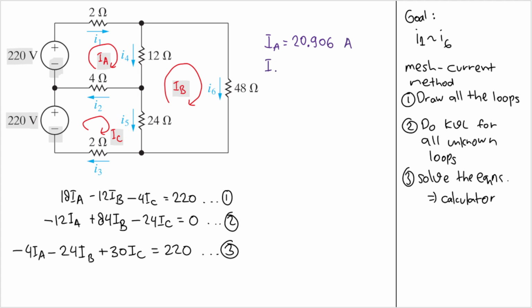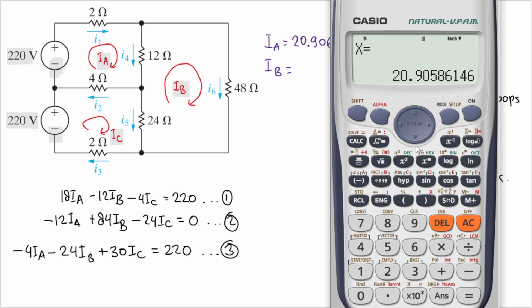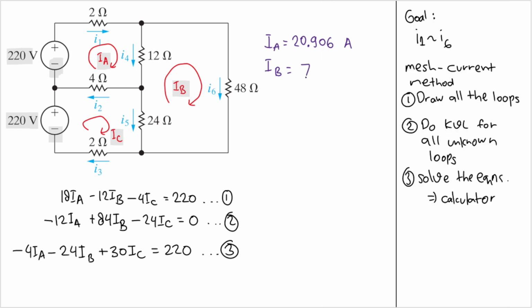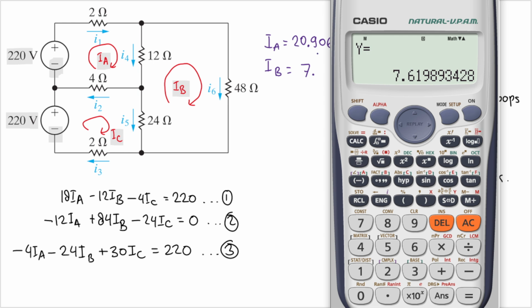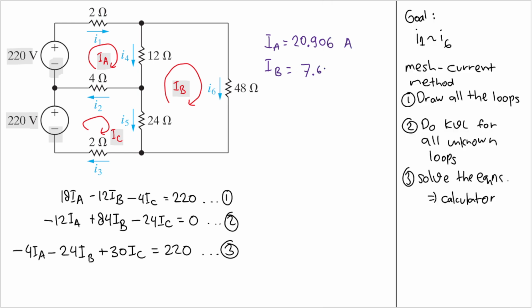And what is IB here? IB is 7.620 ampere.